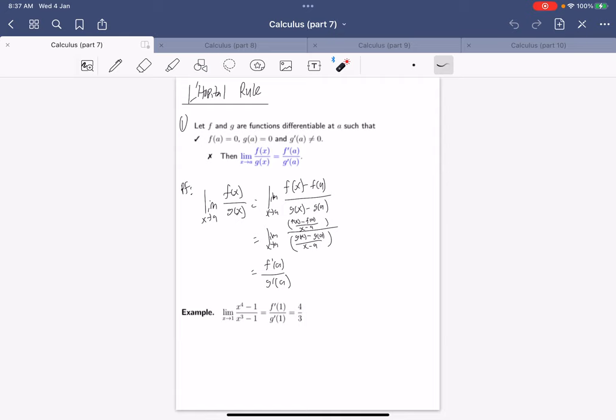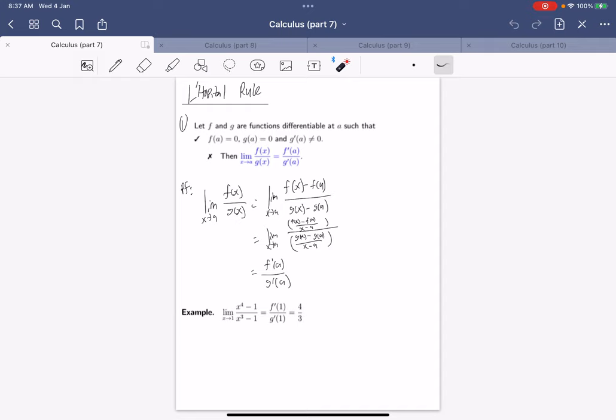We'll move on to something which requires a bit more technicality, and it's a form of application of differentiation: it helps with evaluation of limits.